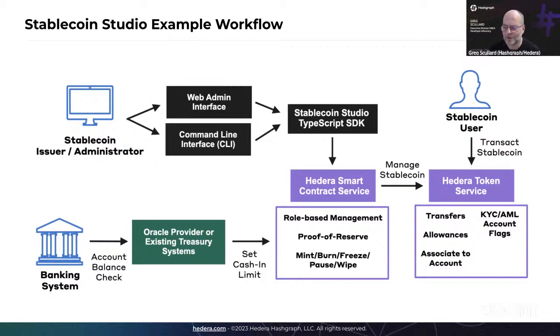They can grant or revoke allowances to other people to spend tokens on their behalf. And we also support KYC within the Stablecoin Studio, so that if you want your stablecoin to be subject to KYC, you can restrict access to the stablecoin to KYC users only.